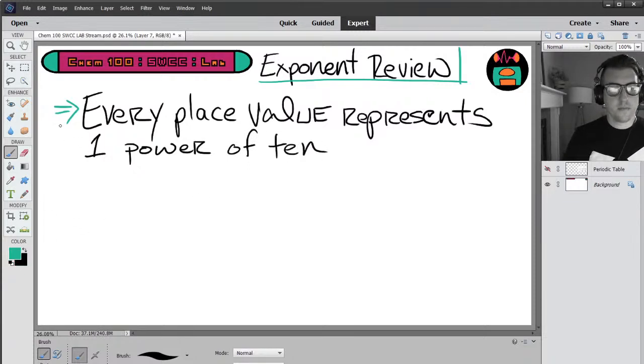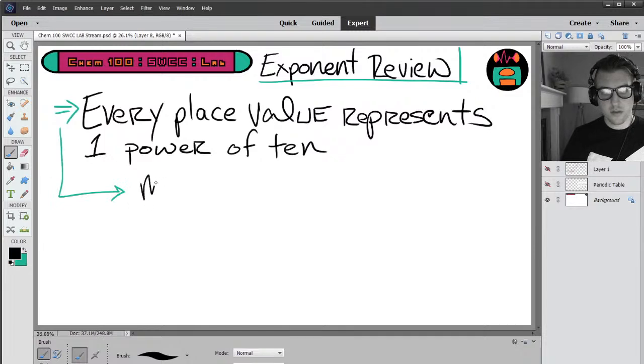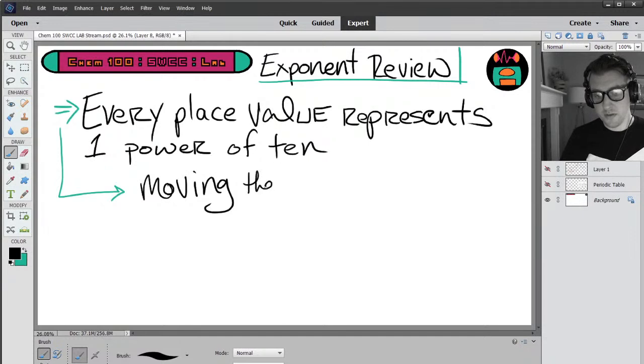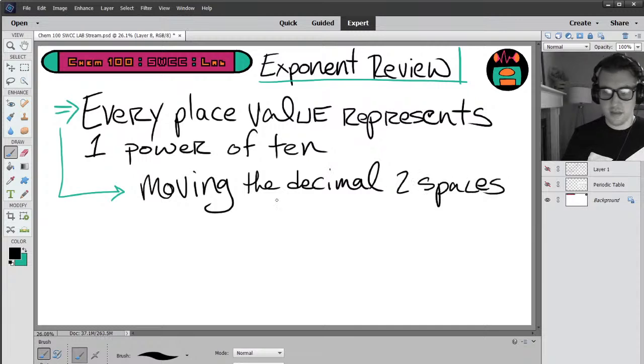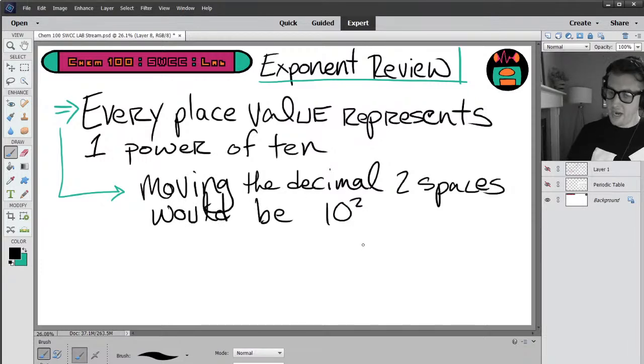So, in other words, moving the decimal two spaces would be 10 squared.